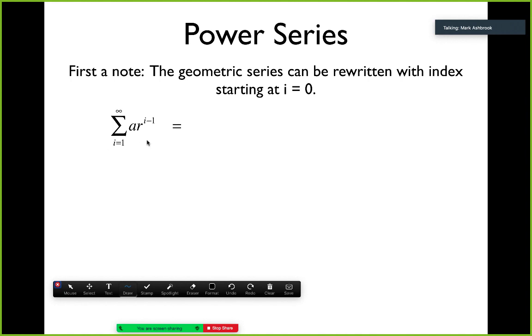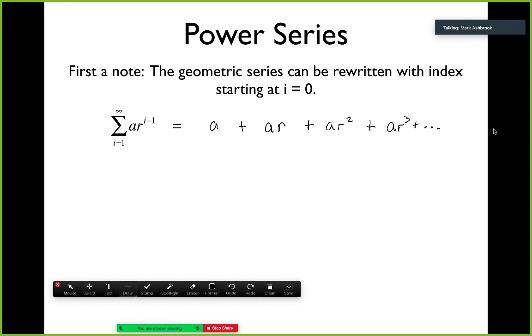When you see this, you think what? So we'll start with a, a plus ar squared, and plus ar to the third, and so on.